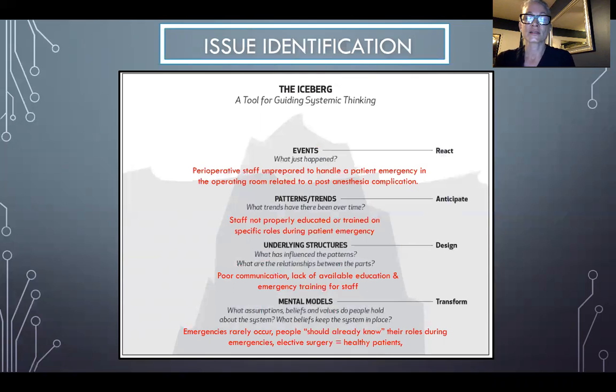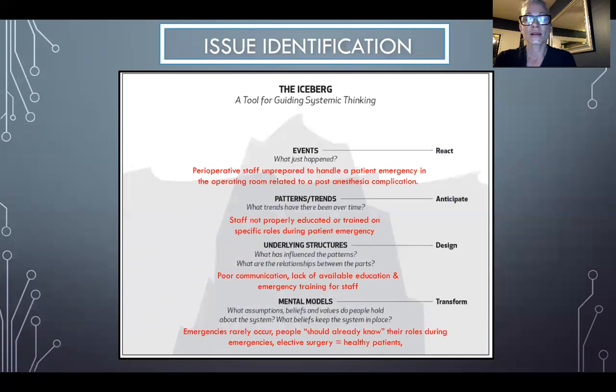We look then at the underlying structures, what may have influenced the patterns above, and there are quite a few, including poor communication, lack of available education, and emergency training for staff. And I'm going to throw in cognitive aids as well, because that's my focus actually for this project coming up in the further slides.